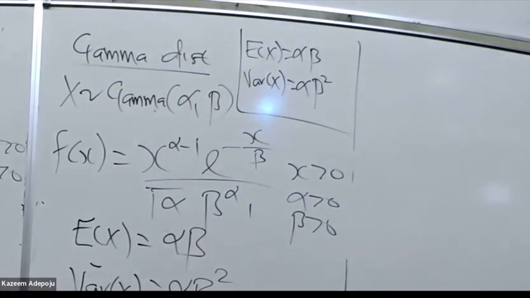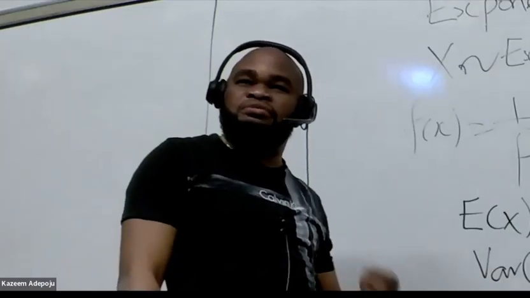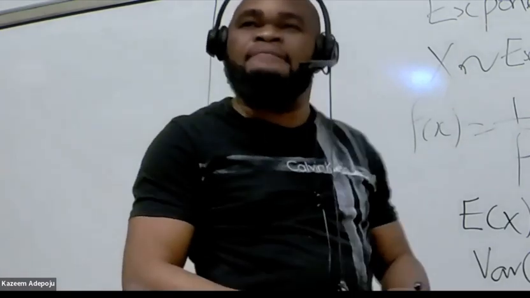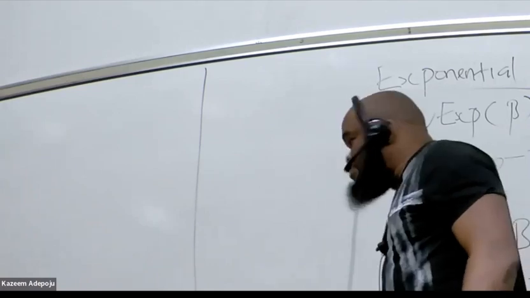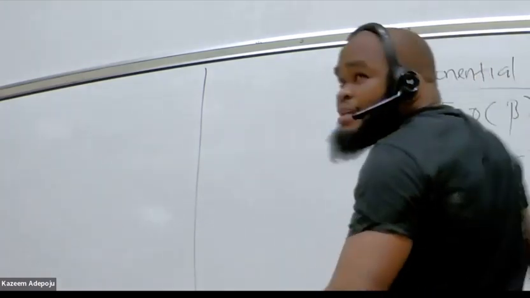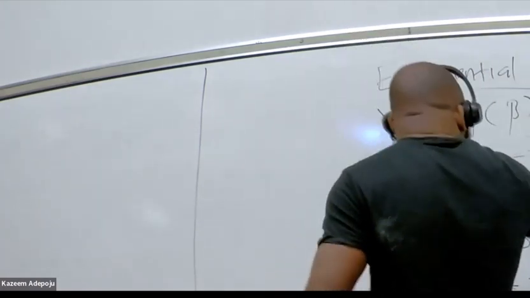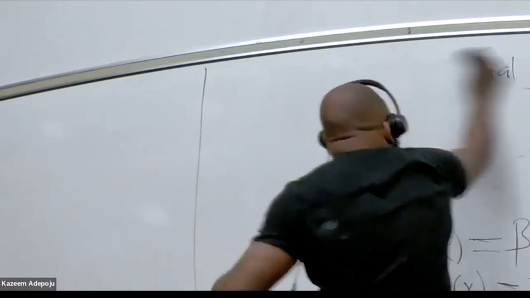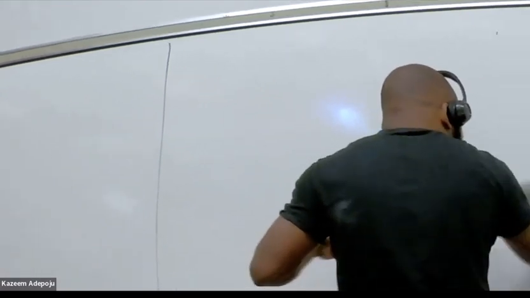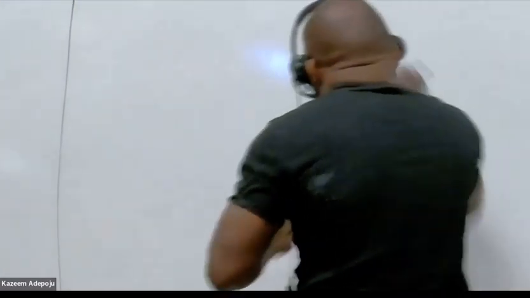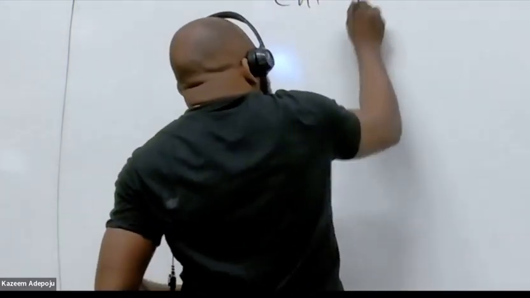Okay, now exponential, gamma. Now I want to go into another distribution that we call chi-square. The chi-square distribution can be derived from gamma. The origin of the chi-square distribution can actually be derived from gamma. Now I want to write chi-square.